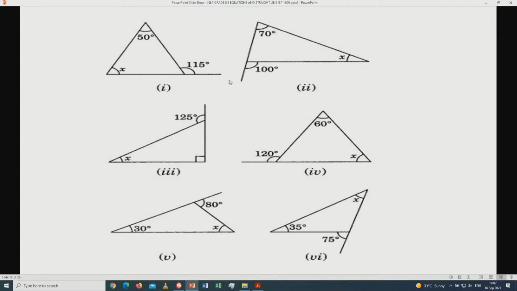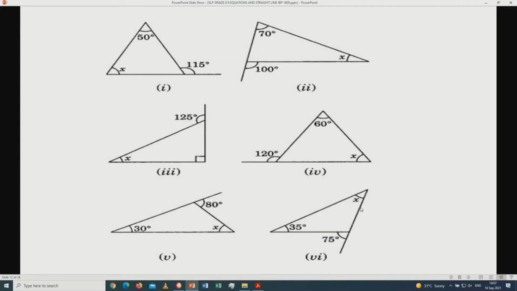Now again, look for relationships. What relationship do you have here? Exterior angle equals the two interior opposite angles.